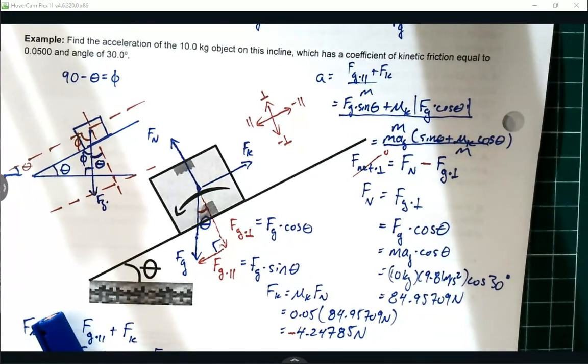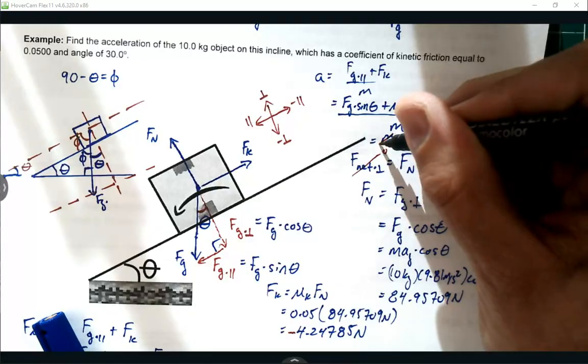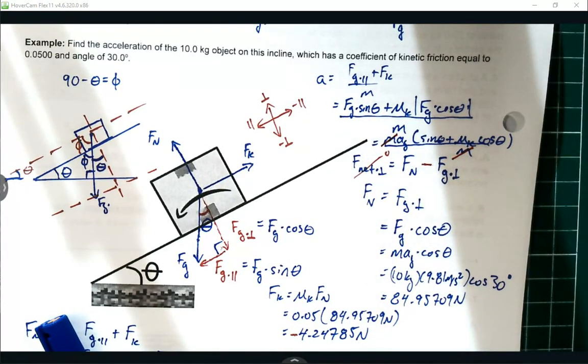And then you think to yourself, wait a minute, isn't there a mass in the numerator and a mass in the denominator? Well, yeah, and the masses would cancel out. And then you realize, oh, this is a mass-independent problem, and I didn't even need to know the mass in the first place. And that's actually another nice thing about generalized equations, is that sometimes you realize that some of the variables are useless, and it makes the world just a little bit simpler, you know?